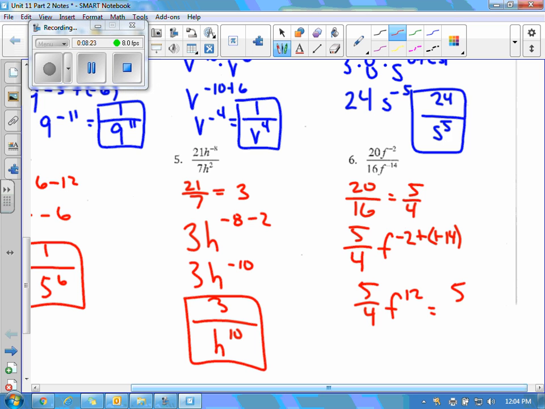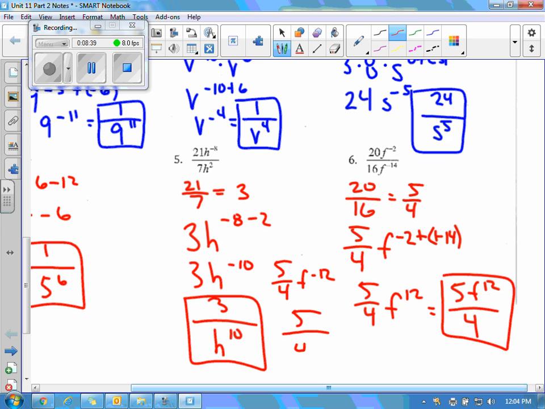So I'll have 5f to the 12 over 4. And I'm done there. If I had wound up with 5 over 4 f to the negative 12, I would have had to write the 12 on the bottom. So that would have been a little bit different there.